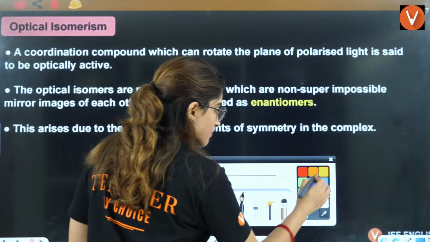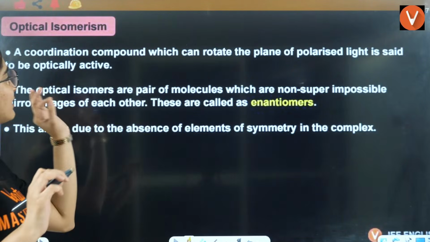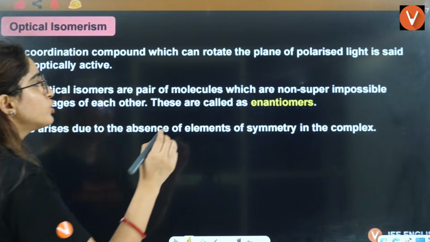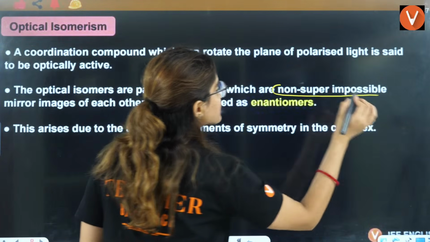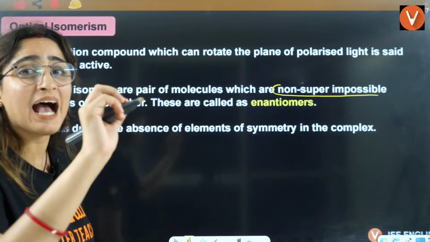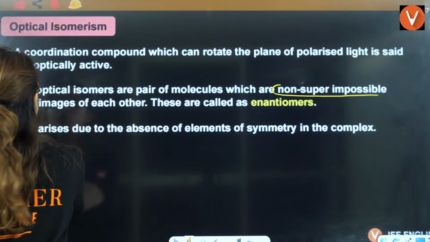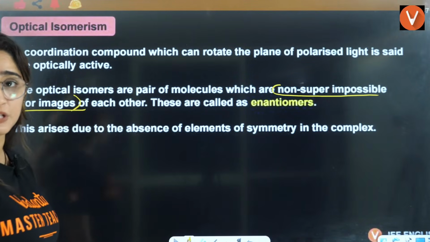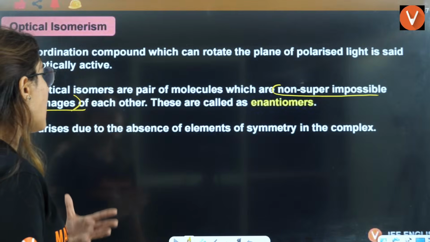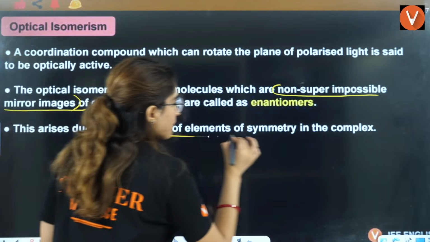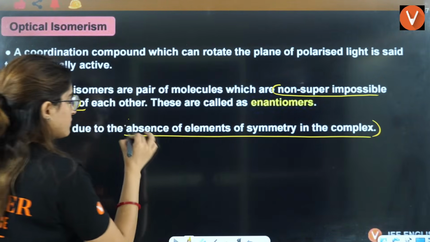So always remember, if something is optically active, it is a non-superimposable mirror image. That means it has an absence of plane of symmetry.